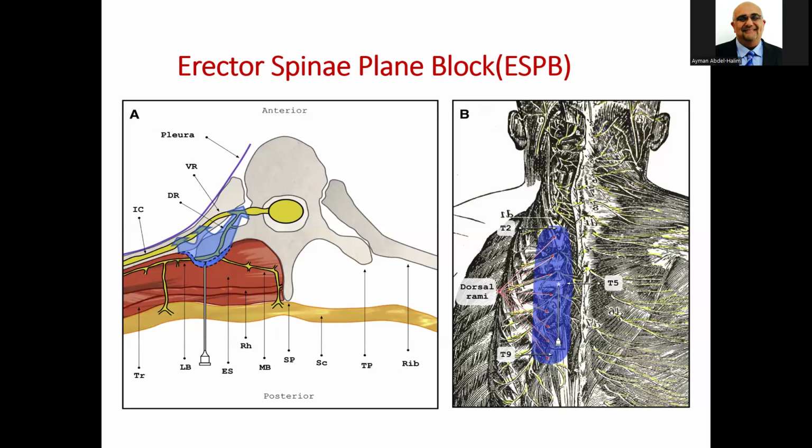And look at the distribution of the local here, after you inject. It goes up and down. Some of it goes to the epidural space, some of it to the intercostal, but really it's pretty safe, even compared to the paravertebral blocks.